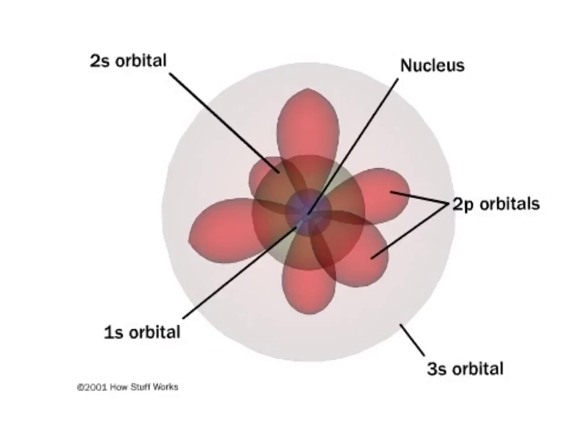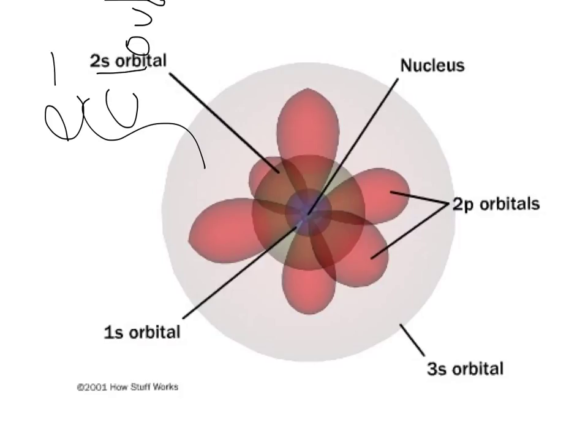This is what's known as your electron cloud. So all of these here would be your electron cloud. They're all overlapping, and these are all statistically found in one area.